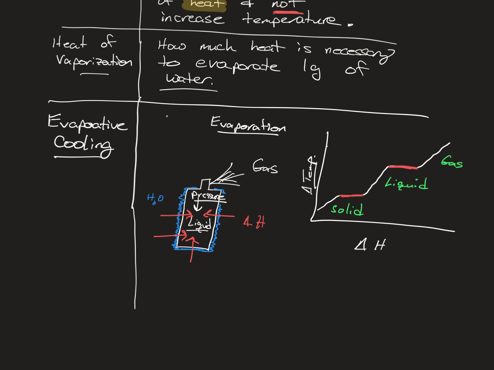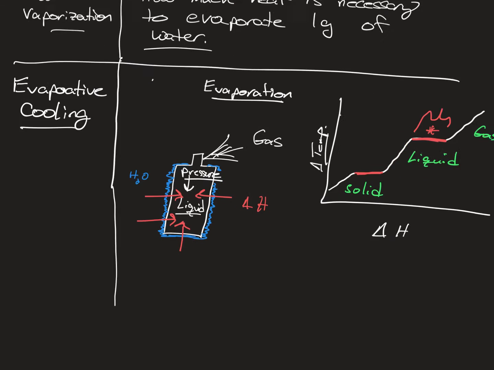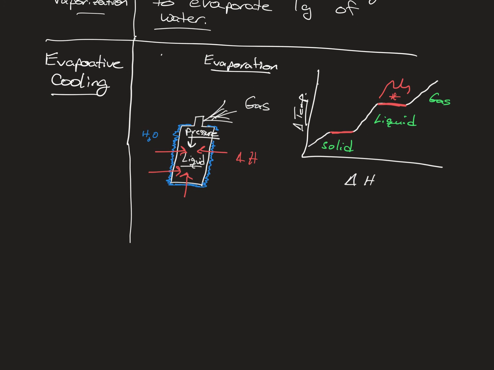Everything around is going to get colder because the heat, the kinetic energy it has, is going to transfer into the liquid so that the liquid can change from liquid to gas. It needs this much energy to do that. That's evaporative cooling. By liquids evaporating, it takes the heat off the stuff that it's touching.